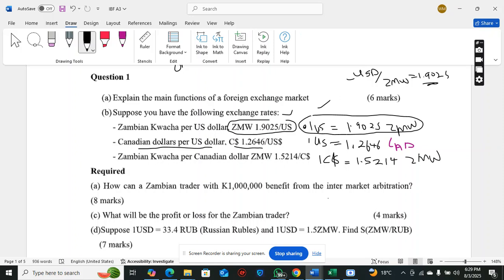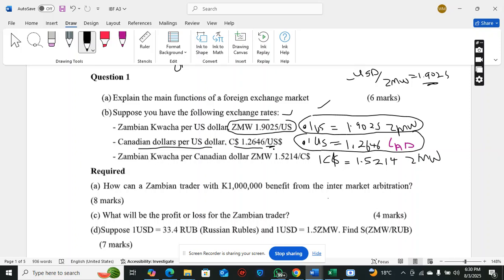The next one, Canadian dollars per US dollar. So you see 1.2646 Canadian dollars slash US dollars here. It tells us that 1 US dollar is equal to 1.2646 Canadian dollars.